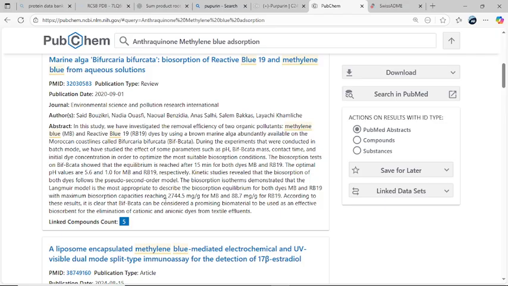So rather, what we should look out for is what is the component of this groundnut shell that is responsible for this absorption. Because for it to absorb, there must be some functional groups, some compounds in that groundnut shell that took part in the absorption.